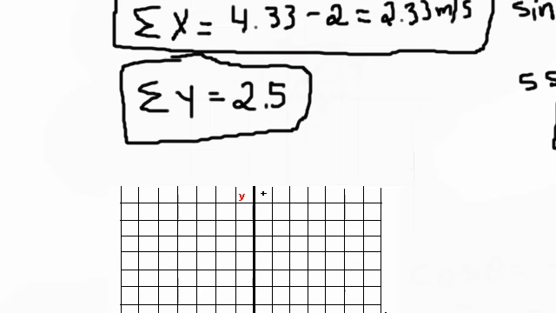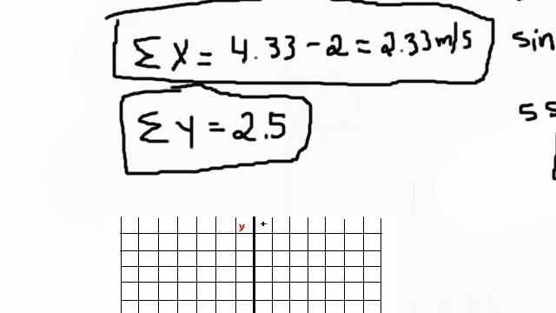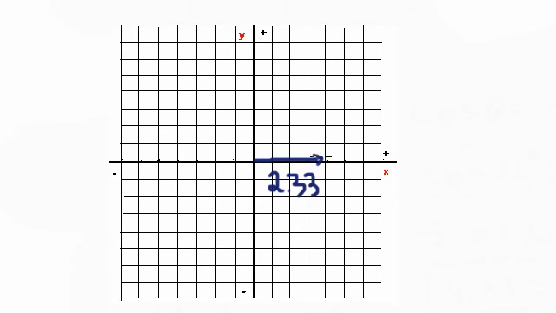And then in the y direction, we said it was 2.5 meters per second. So I need to draw a vector going in the y direction, 2.5 meters per second.